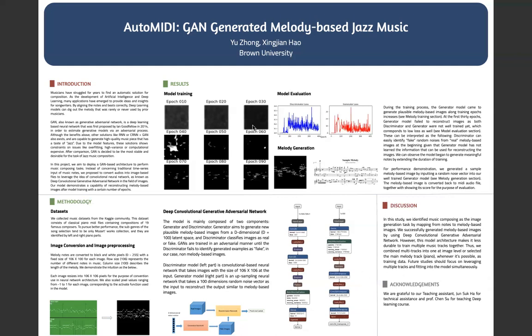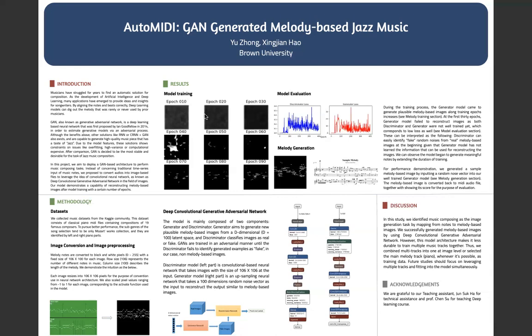So for the result part, to better understand what the model was trying to do behind our method, we plot the generated melody-based images using different models that have been trained with different epochs.